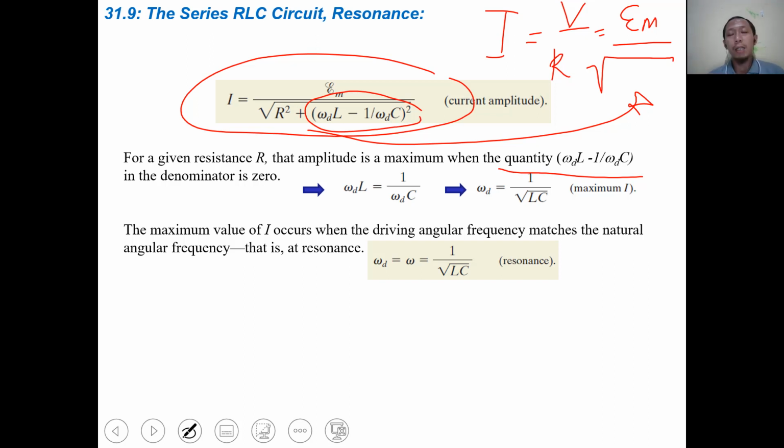So the total impedance of the inductor and capacitor is 0, and we have the maximum amplitude for the R. And then omega d L is equal to 1 over omega d C, so omega d is equal to 1 over the square root of LC. The maximum I occurs when the driving angular frequency matches the natural frequency, at resonance. The angular frequency omega is equal to 1 over the square root of LC.